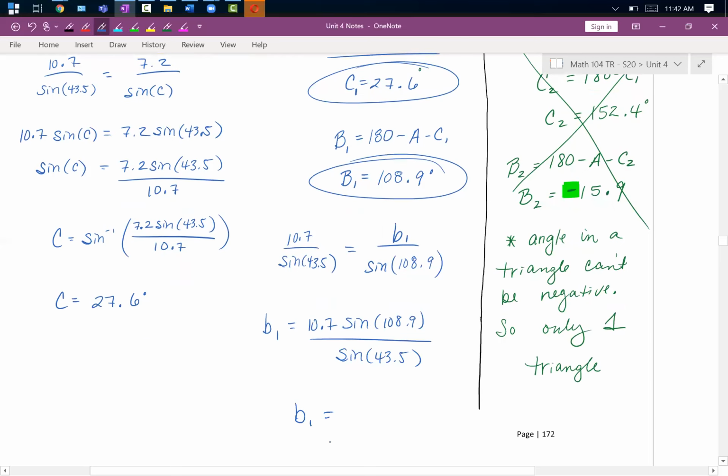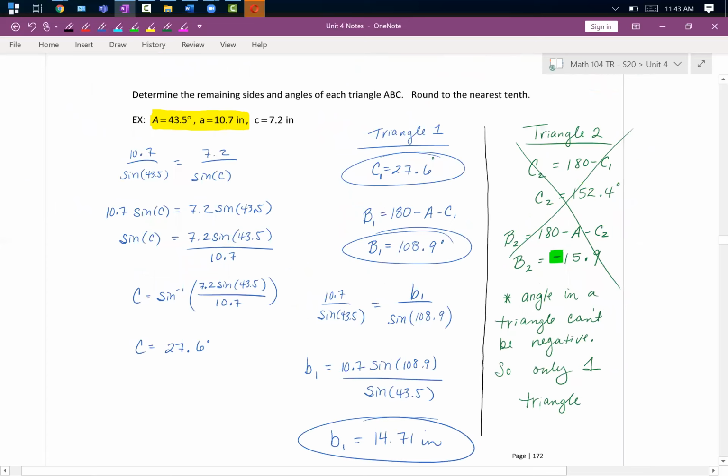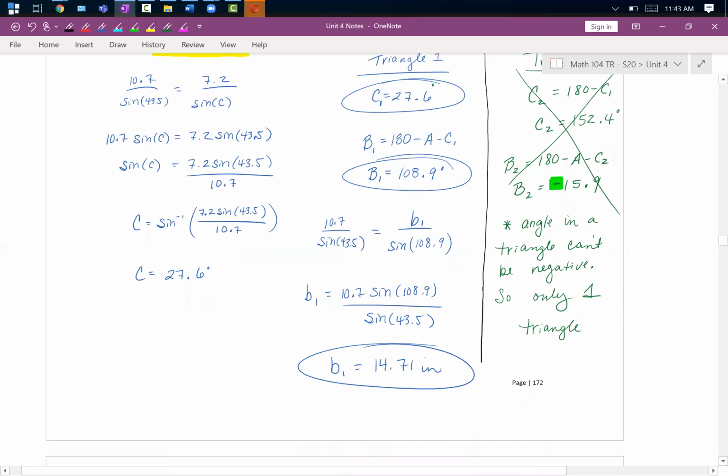Plugging that into our calculator, we get 14.71 inches. Questions? All right, let's try another one.